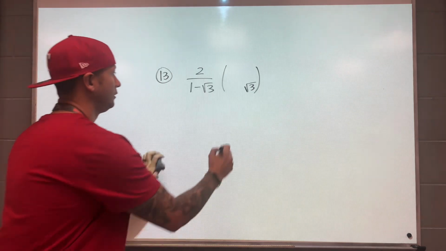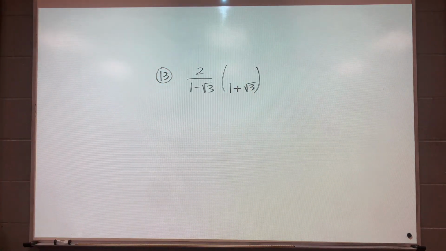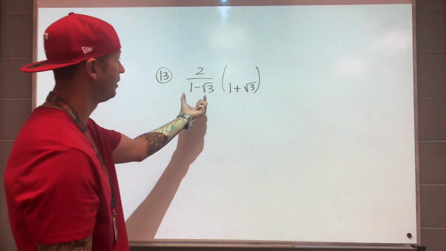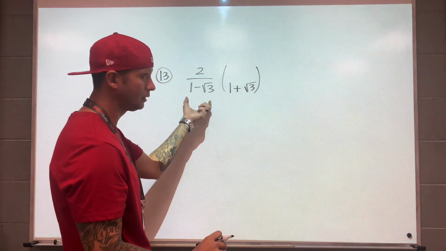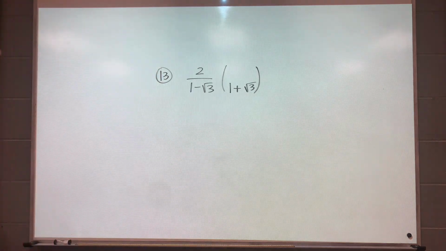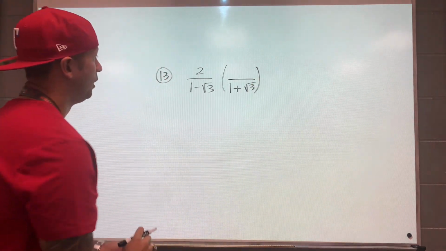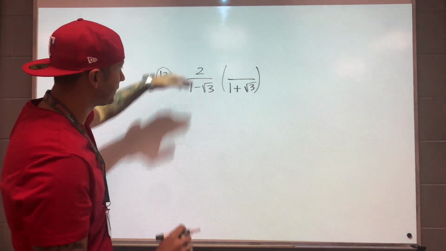I'm going to have to use what's called the conjugate, where you have a pair of binomials, one's addition and one's subtraction, separated by a plus and a minus sign. Where I multiply the bottom by, I'm going to multiply the top by as well.